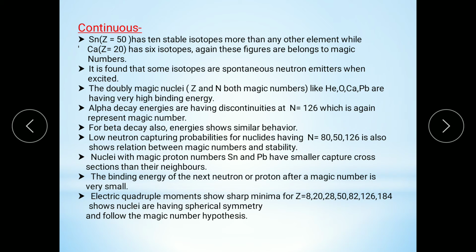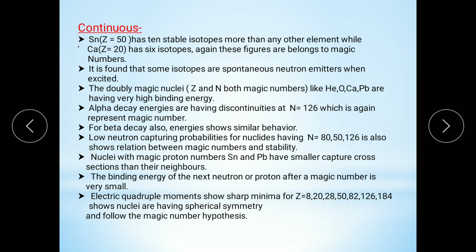Means when the proton number and neutron number both are magic numbers, we call that nucleus doubly magic. Doubly magic nuclei have high binding energy, meaning they are more stable.